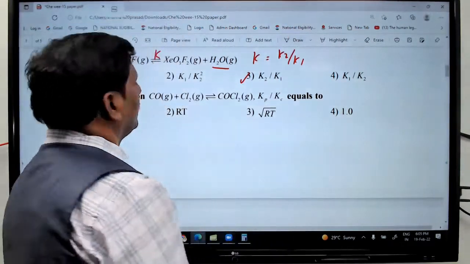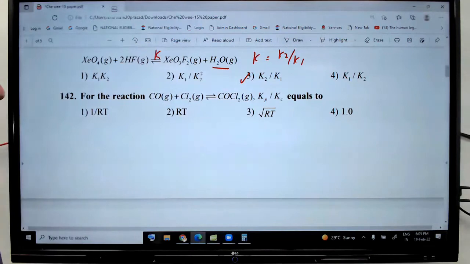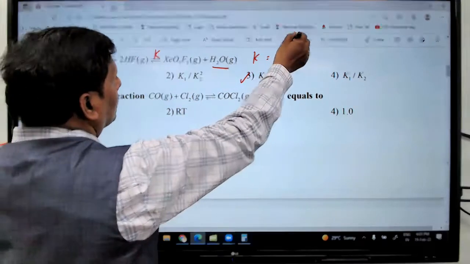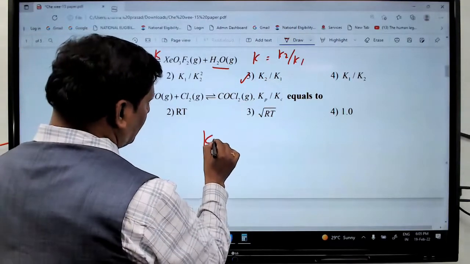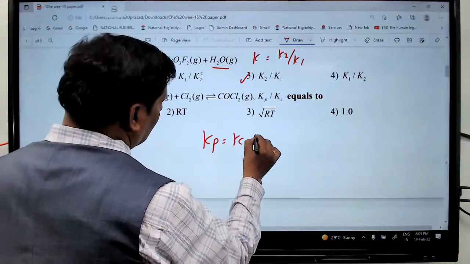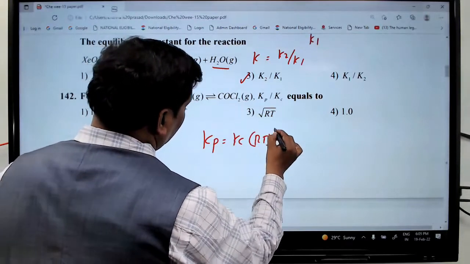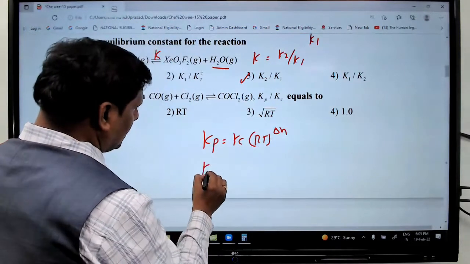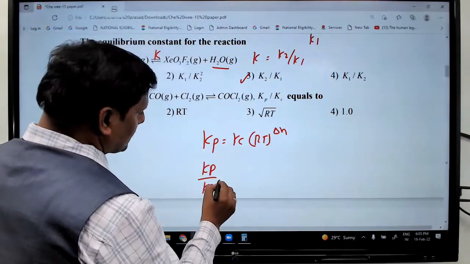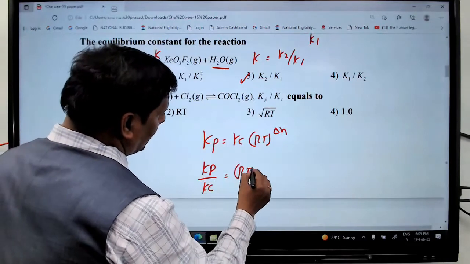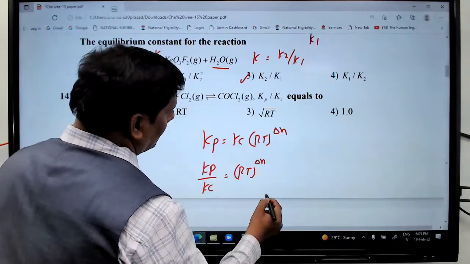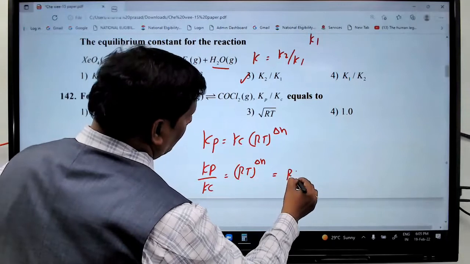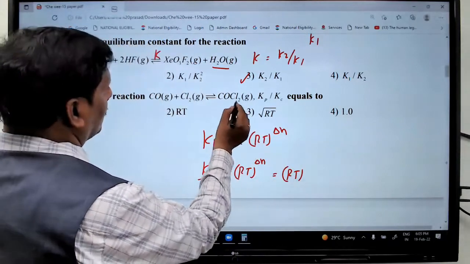Okay, question number 142. For your information, Kp is equal to Kc (RT) whole power delta n. But they are asking Kp by Kc. Kp by Kc is equal to (RT) whole power delta n. How much is delta n?